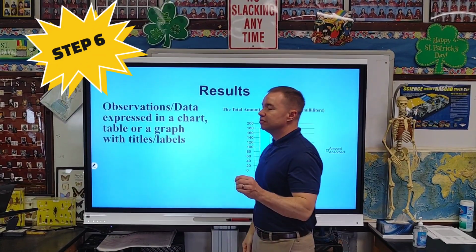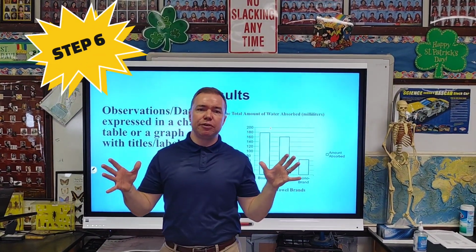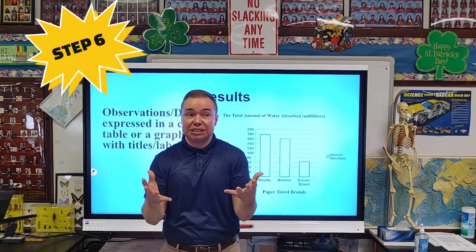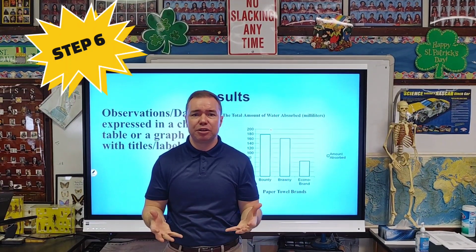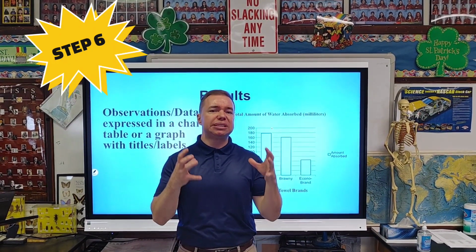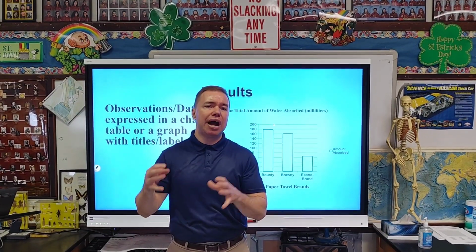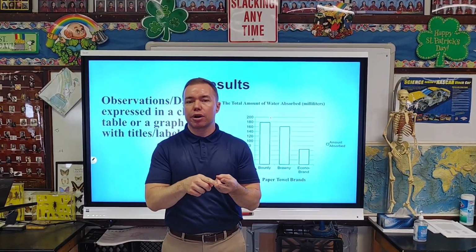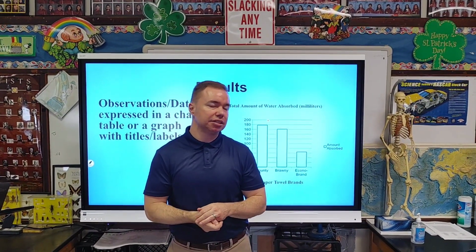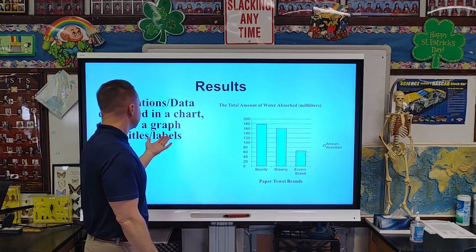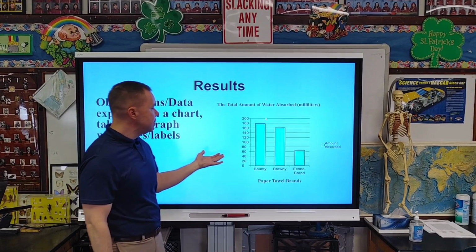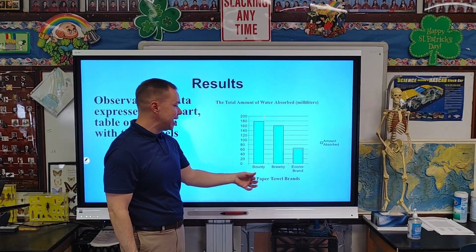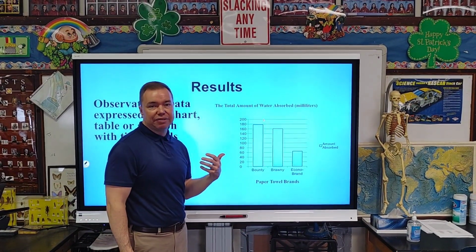All right, the results. In the past, everybody gets confused about the results, and they are pretty much the easiest thing you have to do because you don't have to do anything new. You take all your data from your observations and make a chart or a graph or a table out of it. For example, I took my 3 measurements of Bounty, Brawny, and Economy brand, and made a bar graph out of it.